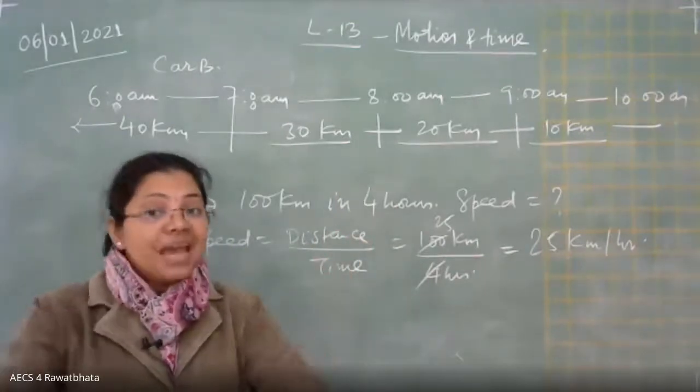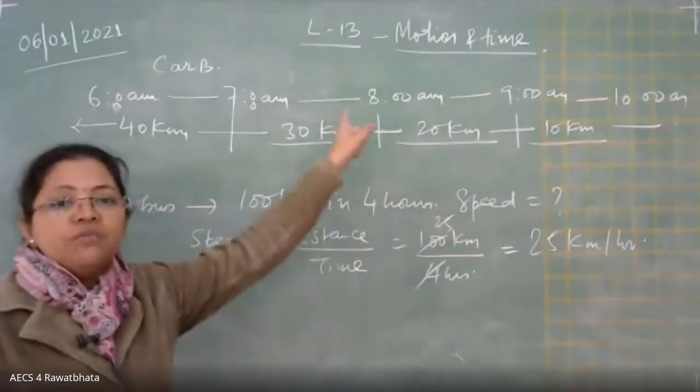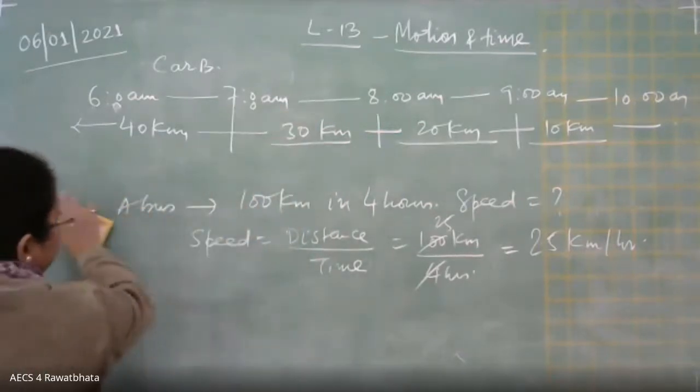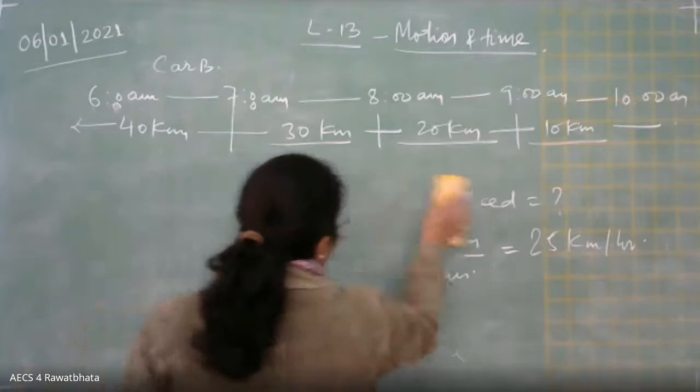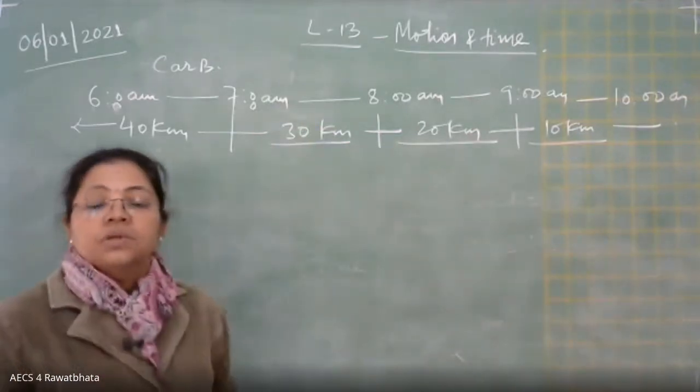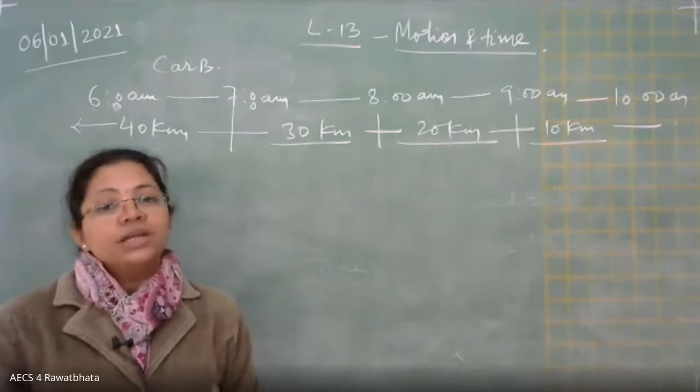Now, we have to calculate the speed of this car B. Now, this car B is moving with a very good speed. हमारे पास ये डेटा है, but we have to calculate its speed.